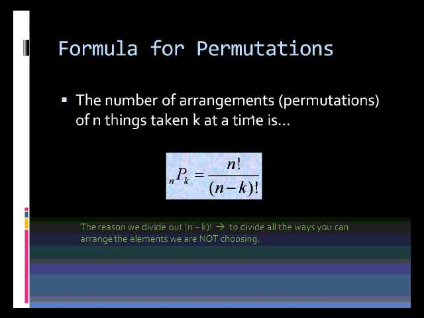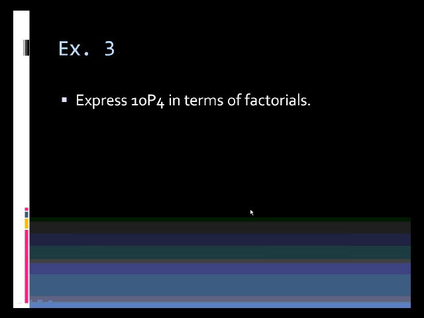All right, so if I want to express 10P4 in terms of factorials, I don't want a number. I just want it written as something factorial over something else factorial. Using your formula, would you please try and write that for me? Express 10P4 in terms of factorials.